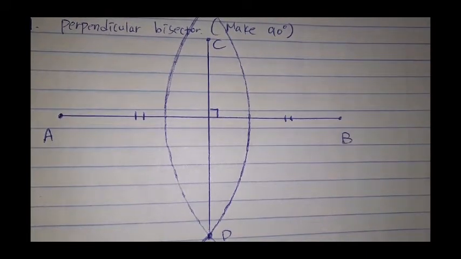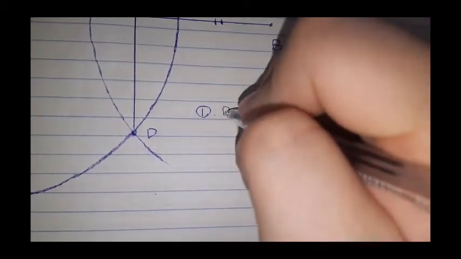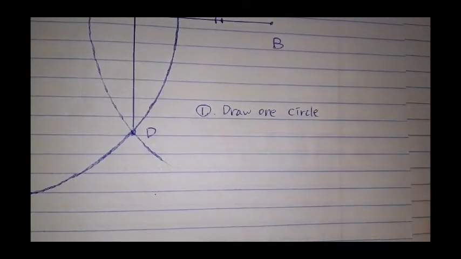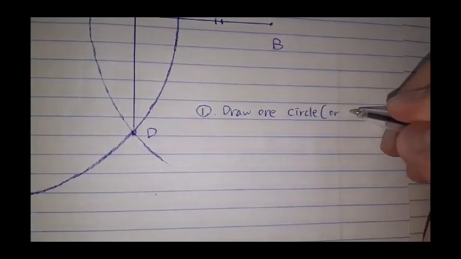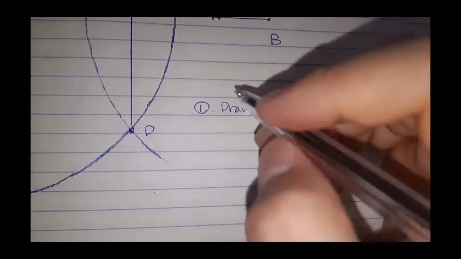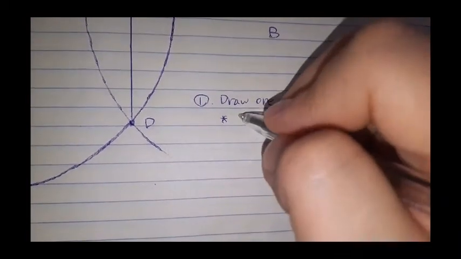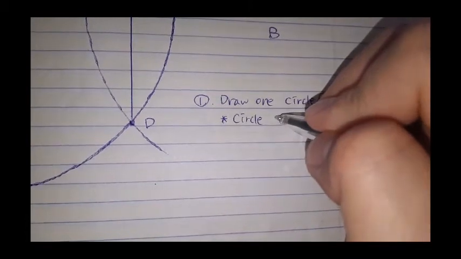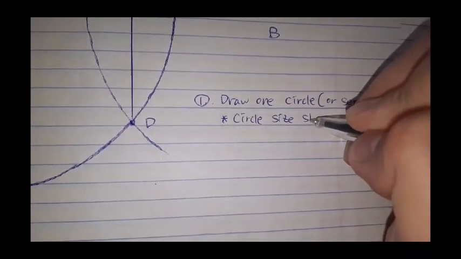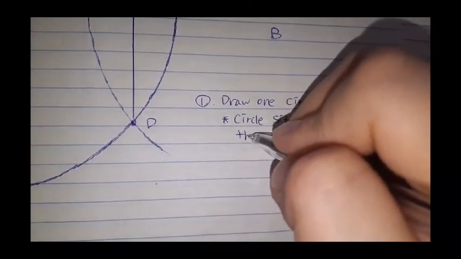So now, step-by-step portion, I am going to write down those steps in here. Number 1, draw one circle, and it doesn't have to be an entire circle, it can be a semicircle. That's the first step, but the caution that you need to understand is the circle size should exceed the midpoint.